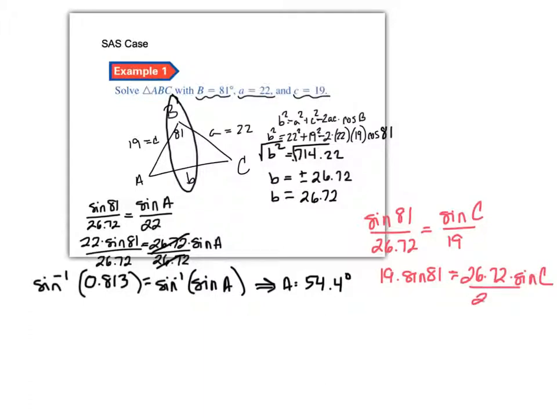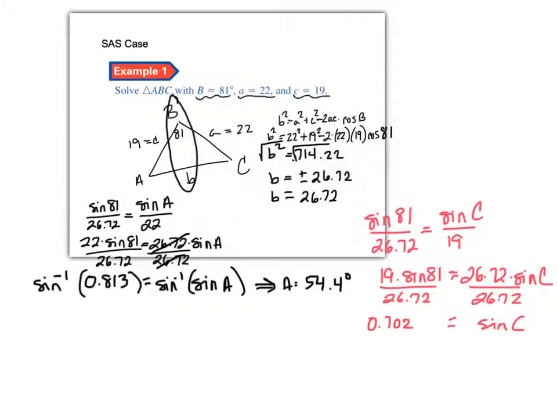Divide both sides by 26.72. And plug that left-hand side in my calculator here. Okay, so I get 0.702 is equal to the sine of C. And so now I need to take the inverse sine of both sides.